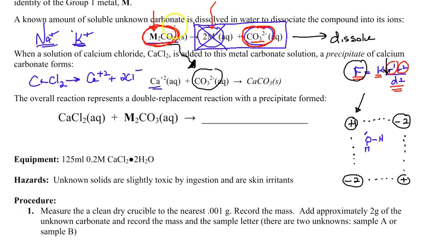So what we're going to do is add this solution of calcium chloride to that carbonate ion, and we know that since it's aqueous, it's going to have these free ions in solution. And just like we talked about, the group 1 ions are always going to be soluble, and almost always the halogen ions are soluble. So those are going to basically spectate throughout this process.